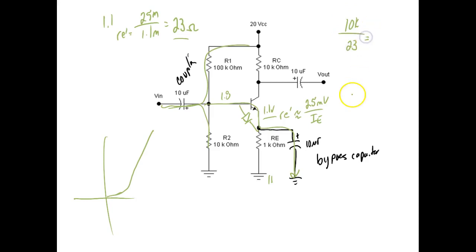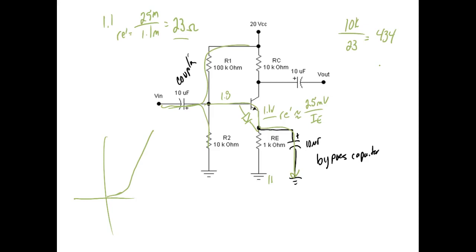And what would the gain be now? So look what the gain of this amplifier went up to. It went up to 434. Now, it seems like this would be the route we ought to go, but what happened is we just lowered our input impedance a lot.